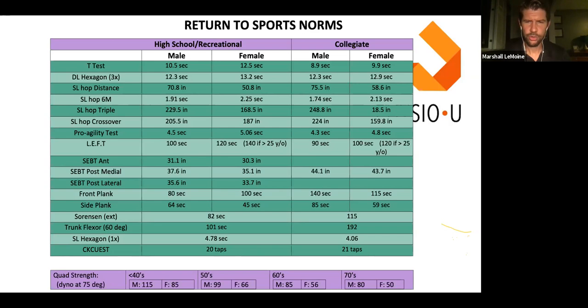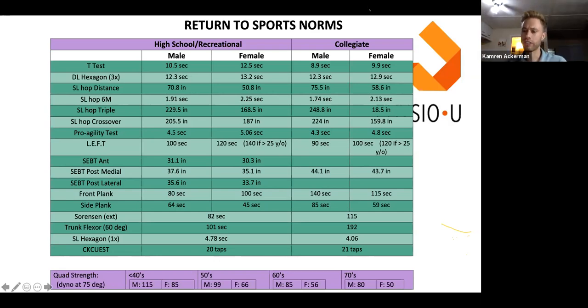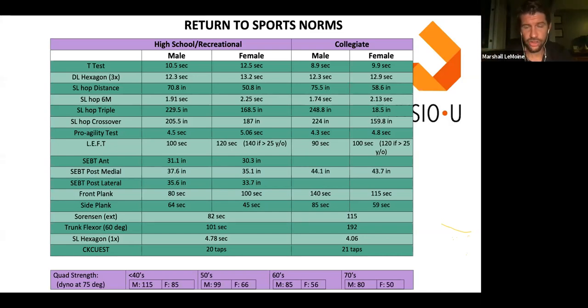Do you guys have any issues with that? Their contralateral lower extremity is not as strong as before the injury. Yeah, exactly. Maybe the other leg isn't as strong, right? So now this 90% is not even 90% of the other leg, it's 90% of the other weaker leg, possibly.